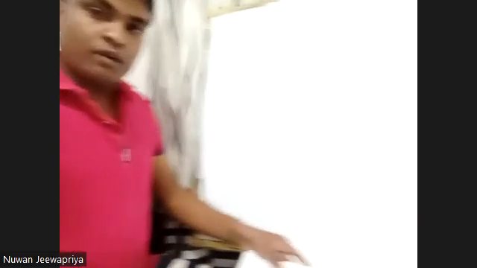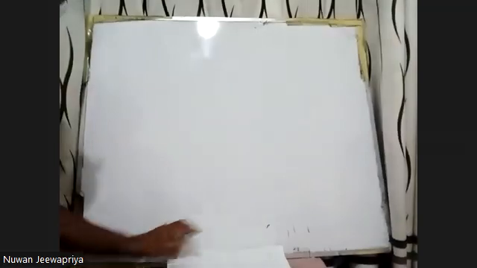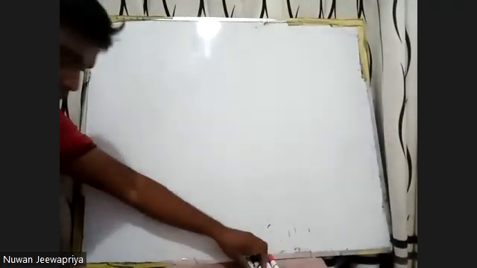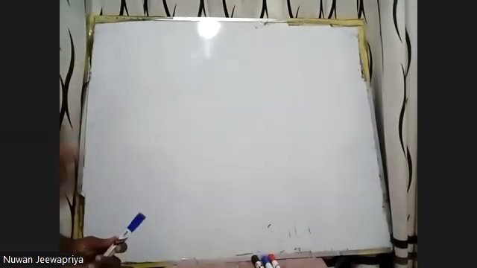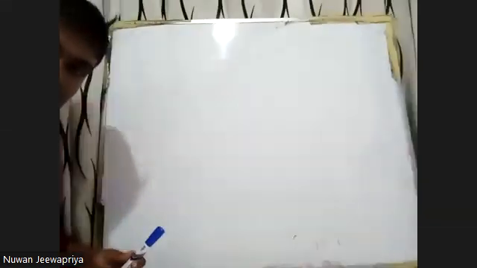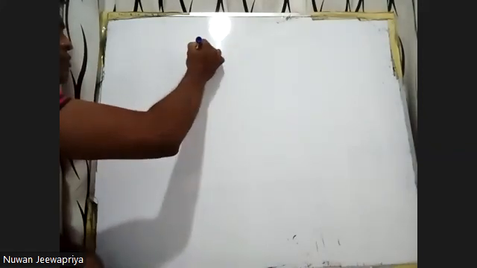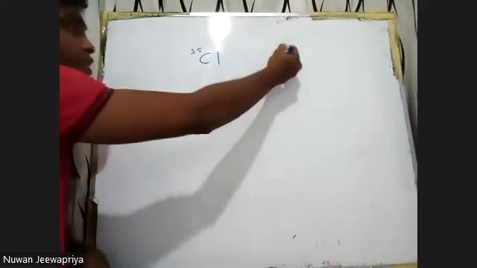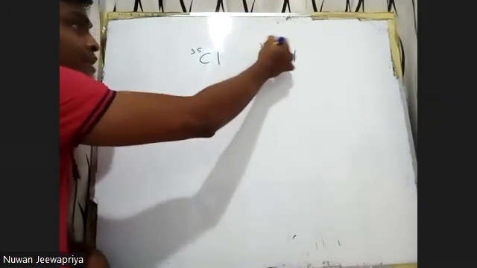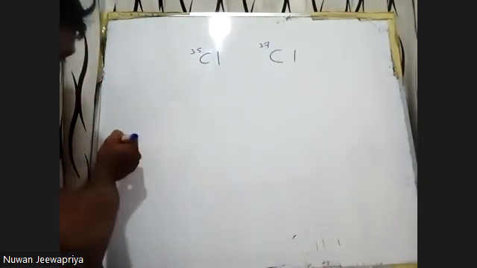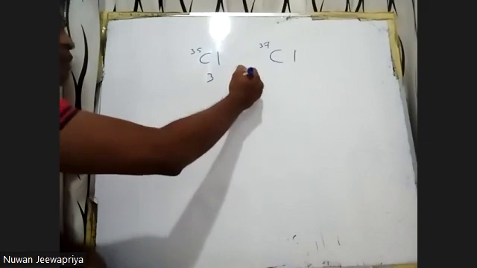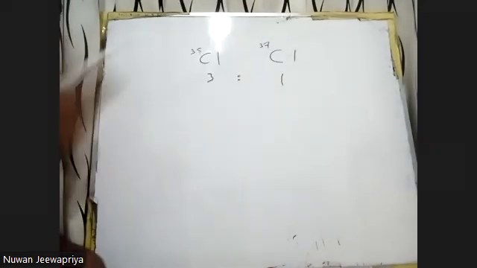What they ask is that I want to show that the Cl35 isotope to Cl37 isotope ratio is 3:1. I want to prove that, right?